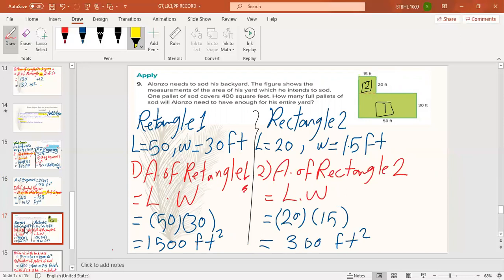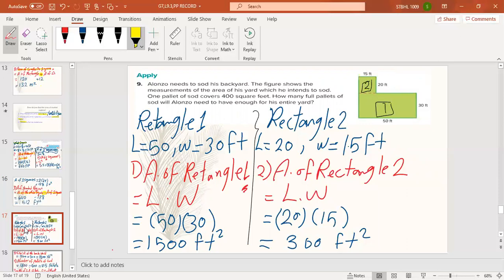The figure shows the measurements of the area of his yard, which he intends to sod. One pallet of sod covers 400 square feet. How many full pallets of sod will Alonso need to have enough for his entire yard?